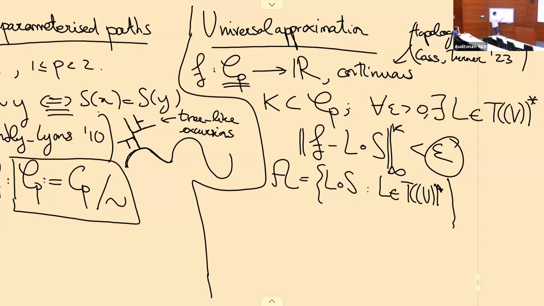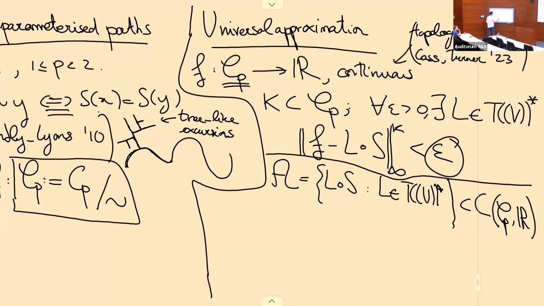This is seen as a function on unparameterized paths, so this is a subset of continuous functions from CP to R. So you have this set of functions on paths, and an alternative way of stating this theorem is that A restricted to K equals, or at least contains, but I think it's equal, C(K).